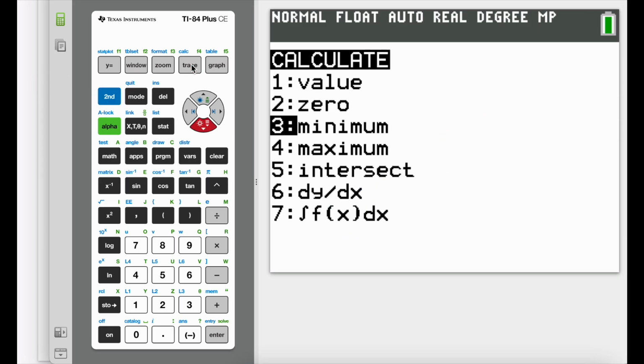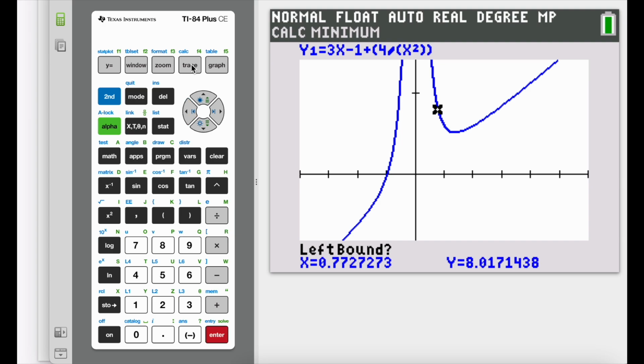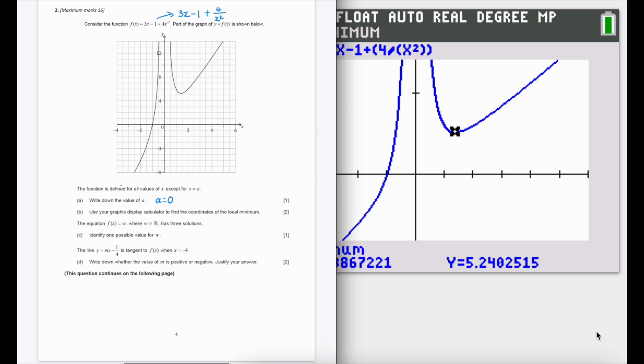So trace minimum point, and it's somewhere between these values. And we can see there that it's 1.39 to 3 significant figures, and then 5.24. So if I go back to my exam paper, then I can write that on. So we have 1.39, 5.24.